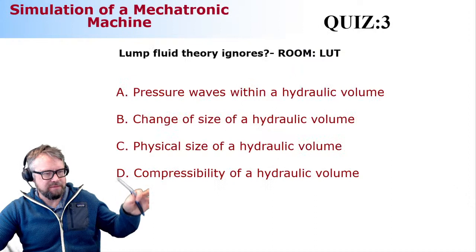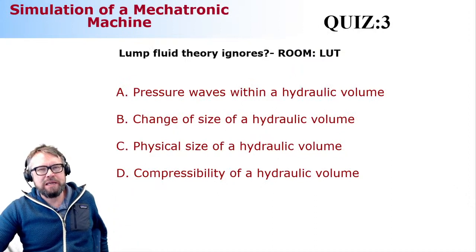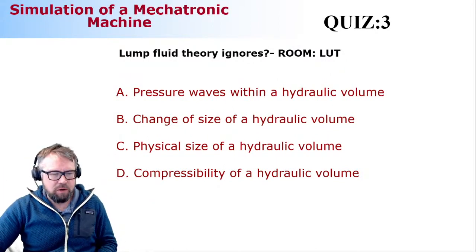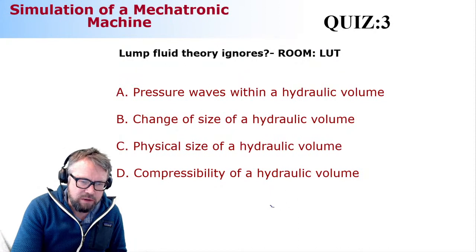Okay, lumped fluid theory ignores something. The options are: pressure waves within the hydraulic volume, change of the size of the hydraulic volume, physical size of the hydraulic volume, compressibility of the hydraulic volume. I want to make your life easier, so I'm going to write this equation.